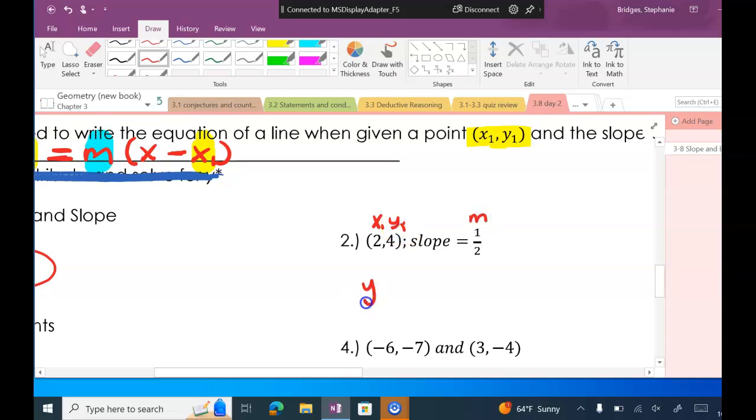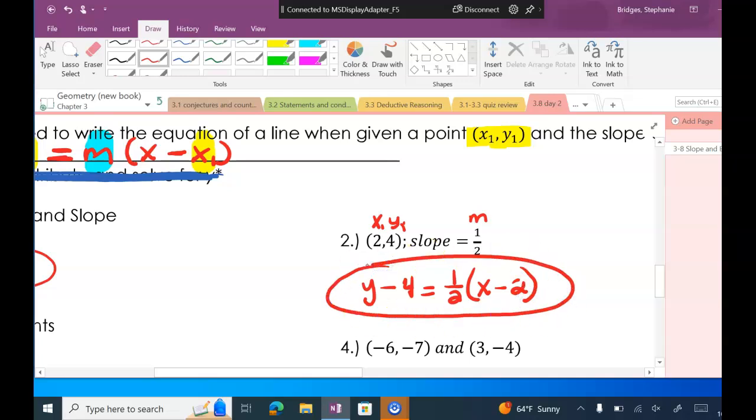And then we can plug it in. It's going to be y minus 4 equals, what's my m? Parentheses x minus, what's my x1? Again, I'm not asking you to change its form, so we just leave it like that. Now, on your quiz next week, test next week, I will give you the formulas. I will give you your slope formula that we learned yesterday. I will give you point slope, and I will give you slope intercept. You just have to know which ones to use, okay? So you don't have to worry about memorizing those formulas.